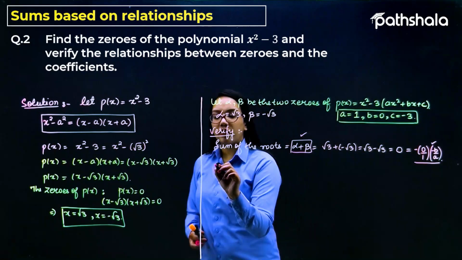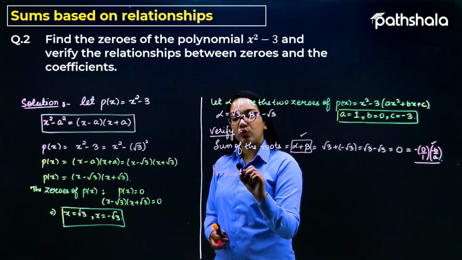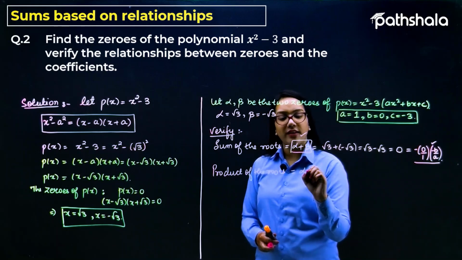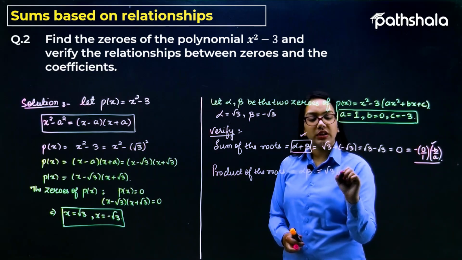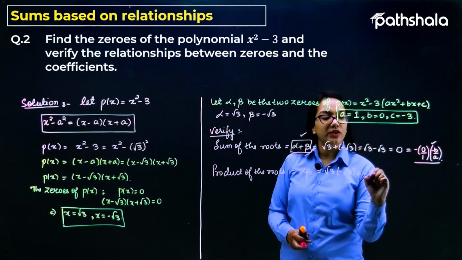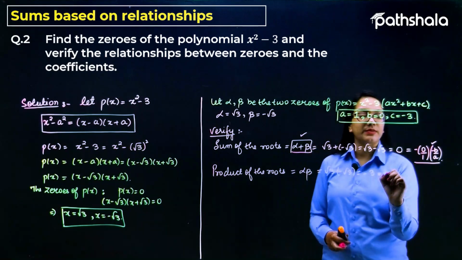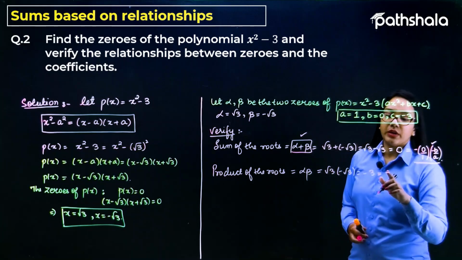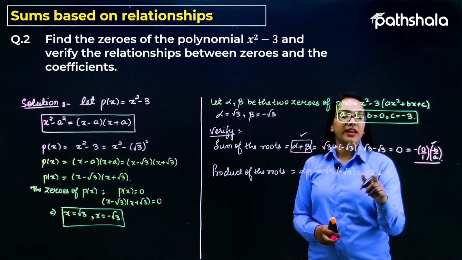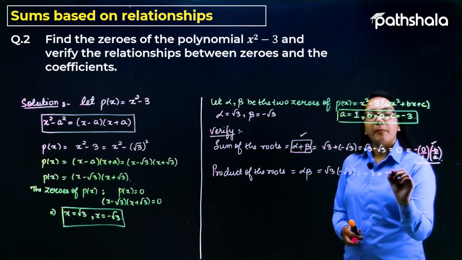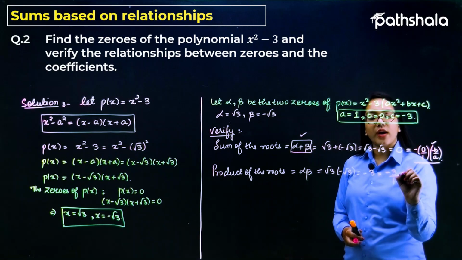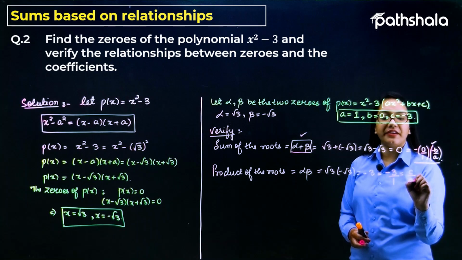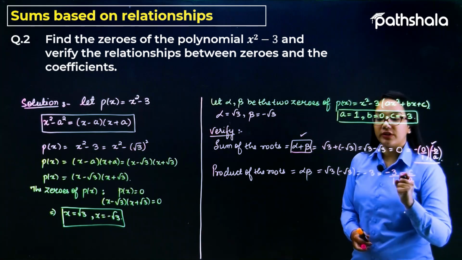And further, the product of the roots is equal to alpha into beta, which is root 3 times minus root 3, which is minus 3, and it can be expressed as c by a. Because we have minus 3, we can express it as minus 3 divided by 1, and this is of the form c by a, that is the constant divided by the coefficient of x square.